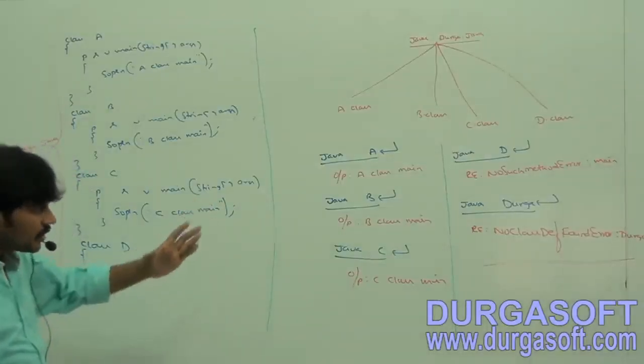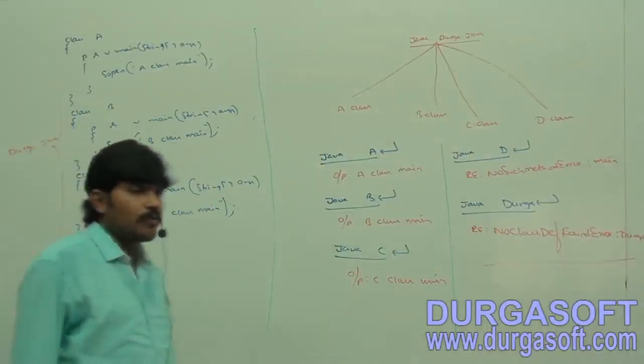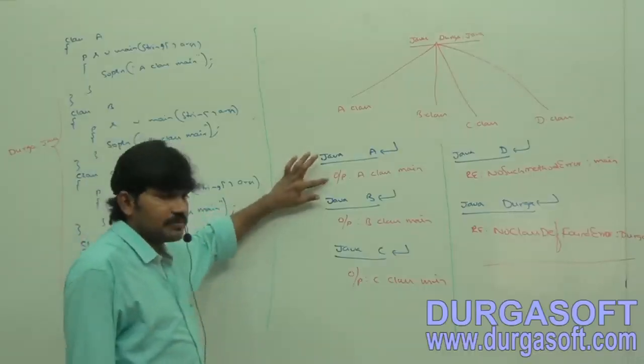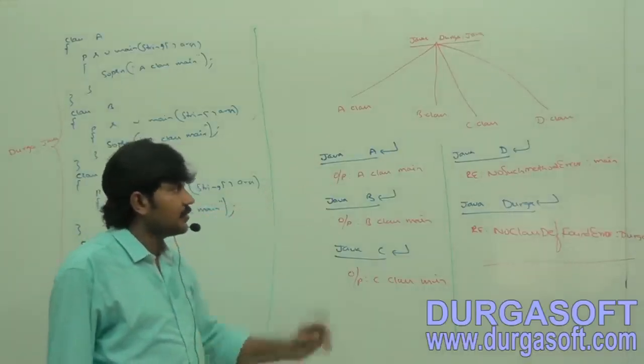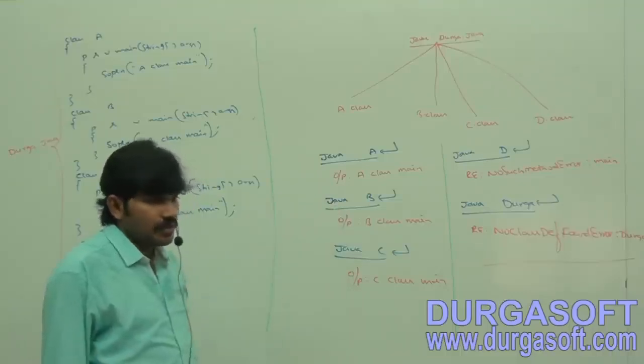Next, java A. What is the output we are going to get? A class main. java B, B class main.